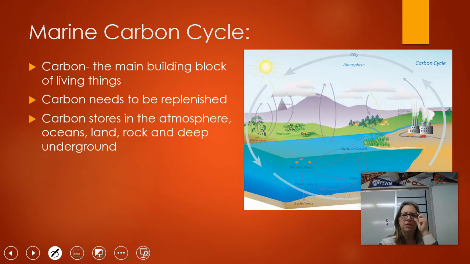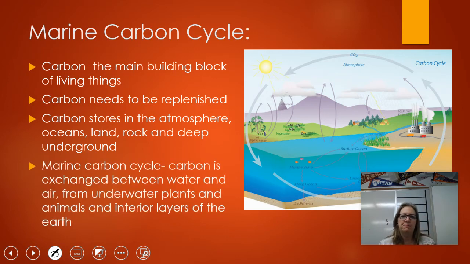The marine carbon cycle, involving just the ocean now, is basically an exchange of carbon between the water and the atmosphere above it, but also from some of the plants along the coast or growing in the more shallow areas. You're going to learn next year about photosynthesis, an exchange of oxygen and carbon dioxide, and that's part of what's happening here with this carbon cycle.